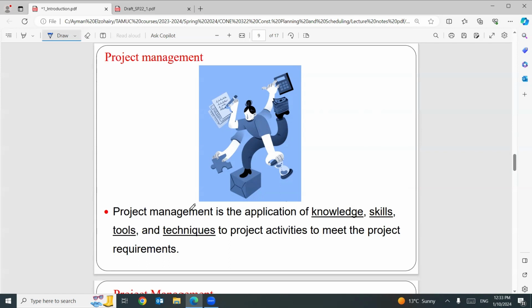So project management is the application of knowledge, skills, tools, and techniques to project activities to meet the project requirements. So we are going to apply knowledge, skills, tools, techniques to activities in this project to meet the project requirement.